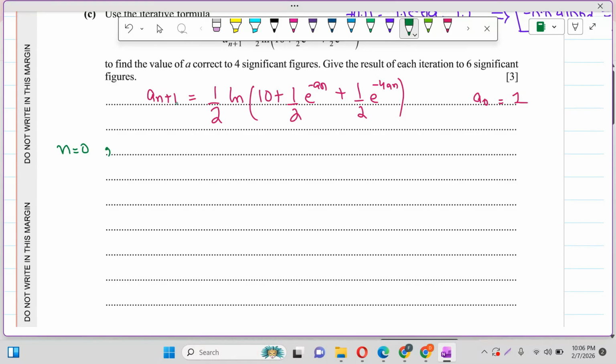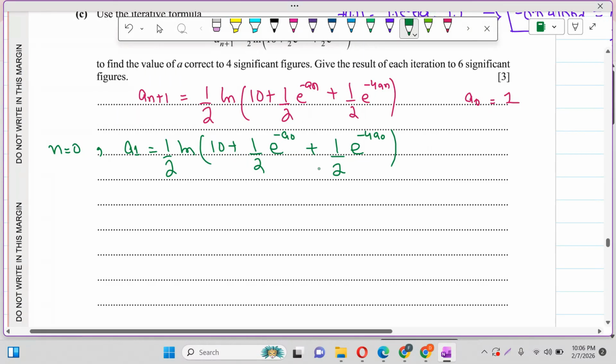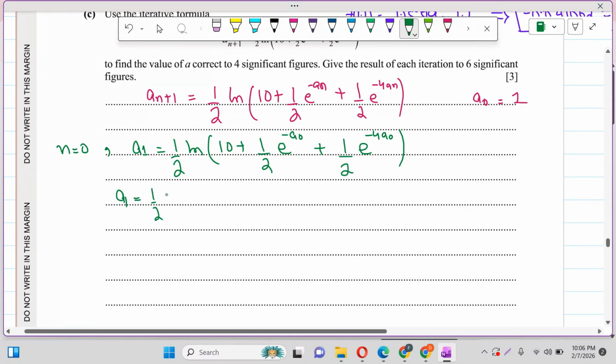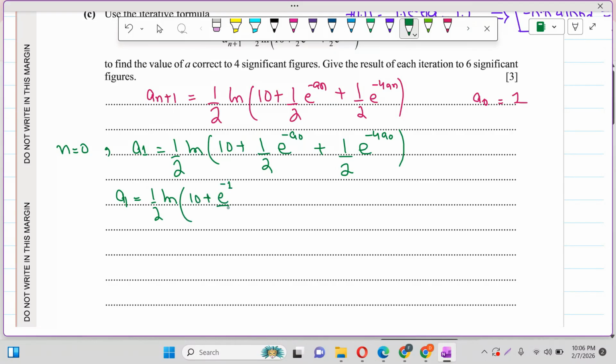So a n plus 1 will be a1 equals half ln 10 plus half exponential of negative a n, meaning exponential of negative a0, plus half exponential of negative 4a n, meaning exponential of negative 4a0. So we will plug the value of a0 as 1. So we will have a1 equal to half ln 10 plus exponential of negative 1 over 2 plus exponential of negative 4 over 2.